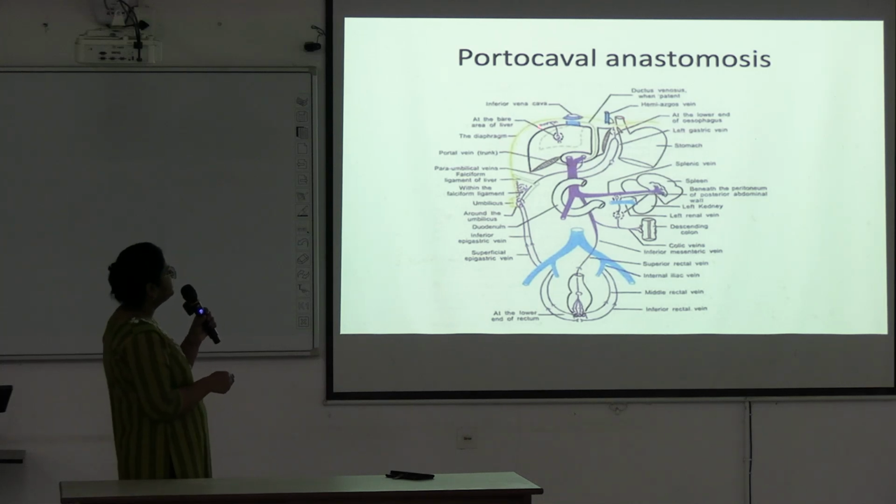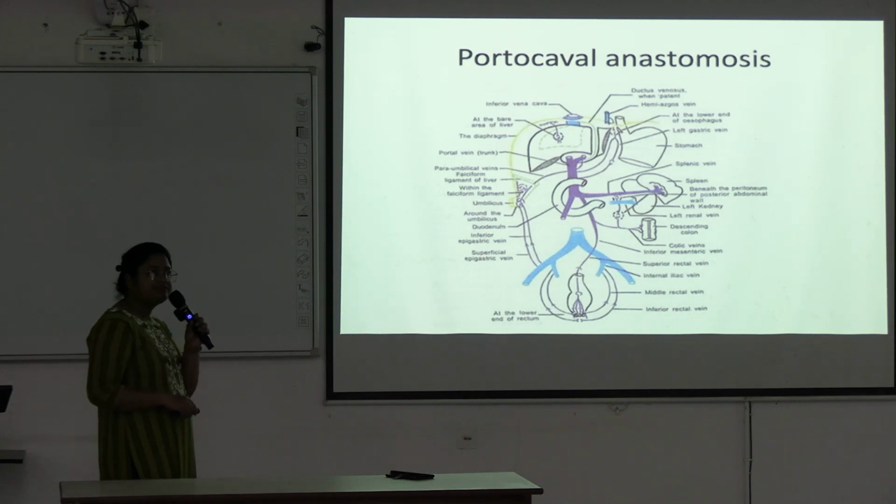At the bare area of the liver, this is near the umbilicus. Here is in the posterior abdominal wall, and here this inferior mesenteric vein is draining into the splenic vein. Here is around the anal canal. Here is in the lower end of the esophagus. This diagram shows all the areas of portosystemic anastomosis.